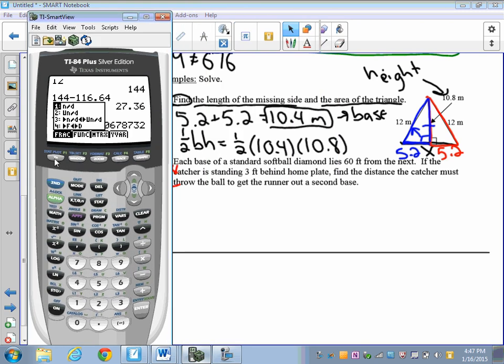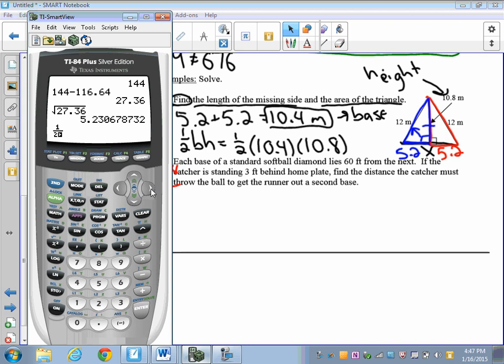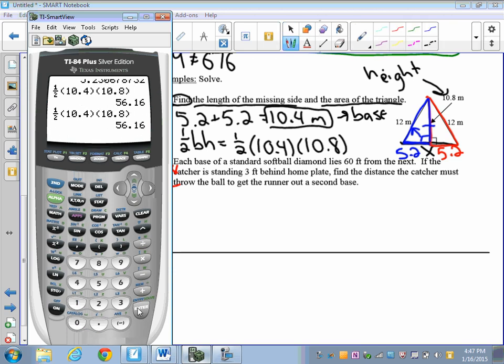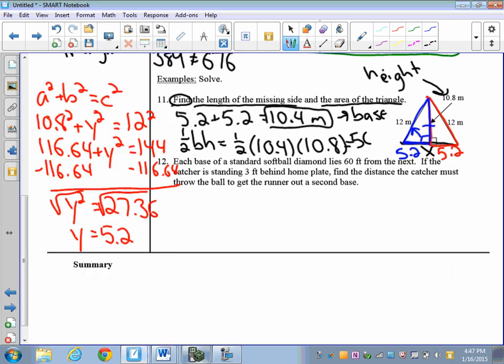So 1/2 times 10.4 times 10.8. And we get 56.16 meters squared.